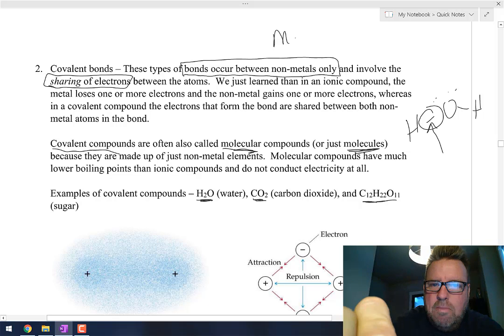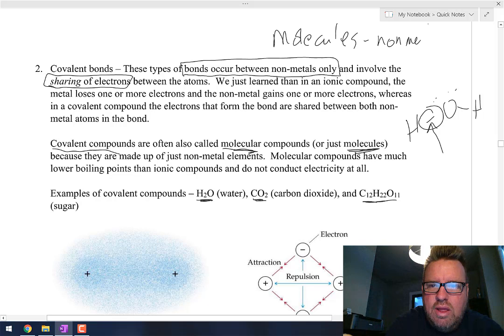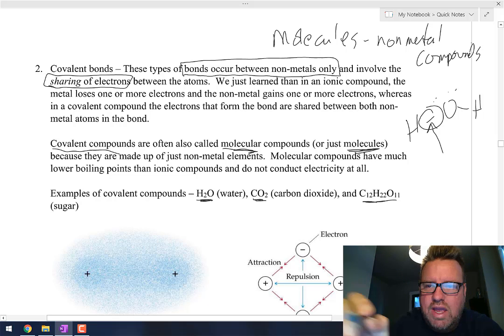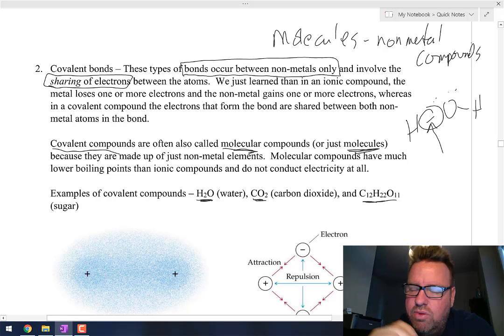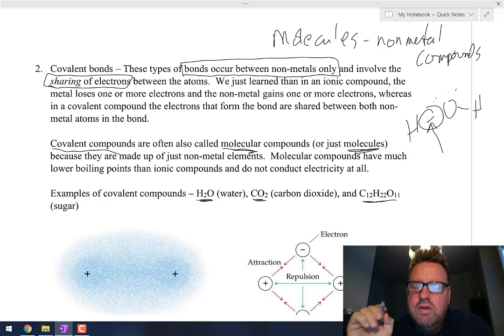The term molecule is only used with non-metal compounds. Okay, you'll never hear somebody say a salt molecule. If you do, they're saying it wrong, because salt is not a non-metal compound. Okay, the term molecule is only used when you're referring to compounds that are made up of non-metals.